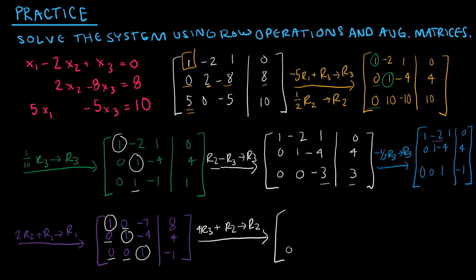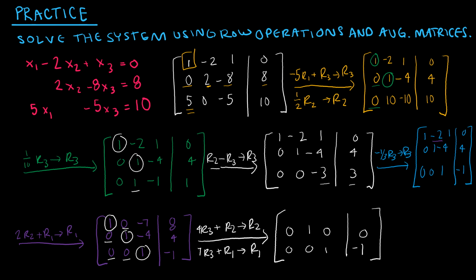So let's keep this guy exactly the same. Row 2 is 0, 0 plus 1 is 1, 4 plus negative 4 is 0, negative 4 plus 4 is 0. And then to get my new row 1, I've got a negative 7, so I'm going to take 7 times row 3 plus row 1 to be my new row 1.